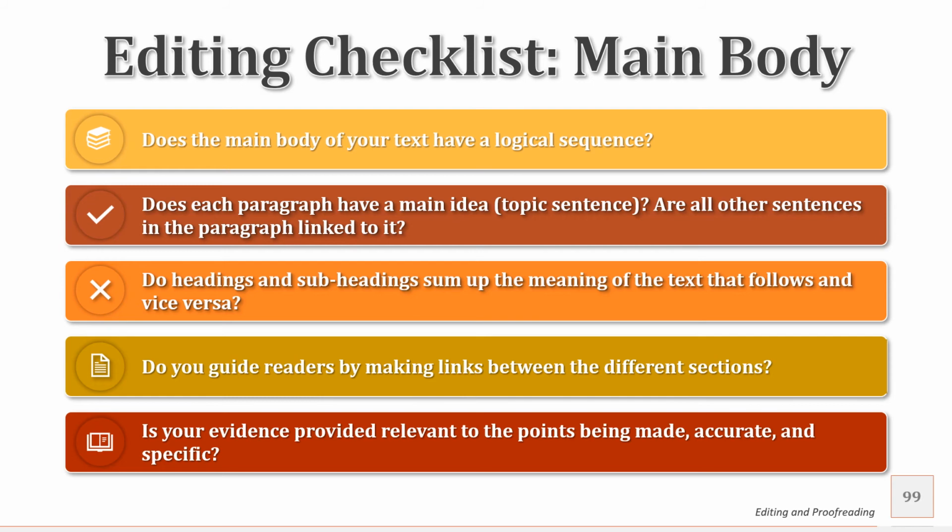Do you guide readers by making links between the different sections? And finally, is your evidence provided relevant to the points being made? Is it accurate, and is it specific? This will show that you understand the subject and can use evidence appropriately. It also shows readers what is meant, rather than just telling them. Again, if the answer to any of these questions is no, you need to change your writing accordingly.